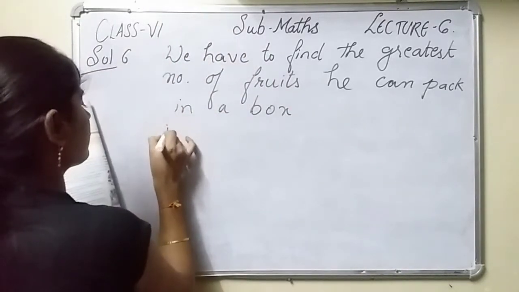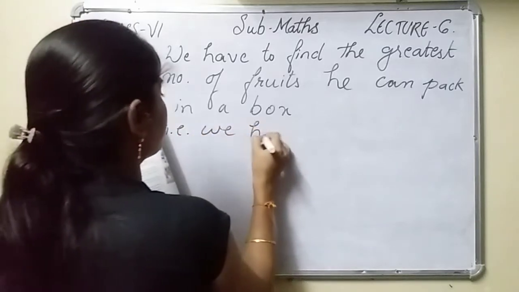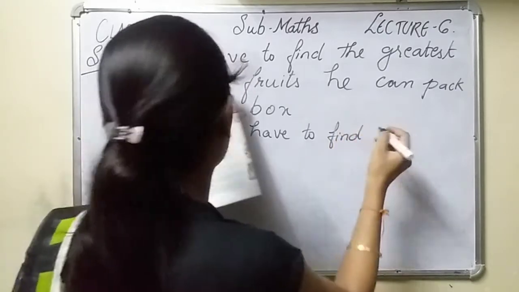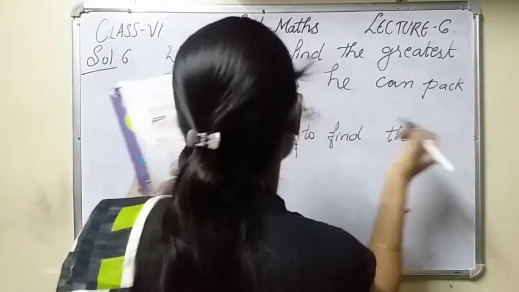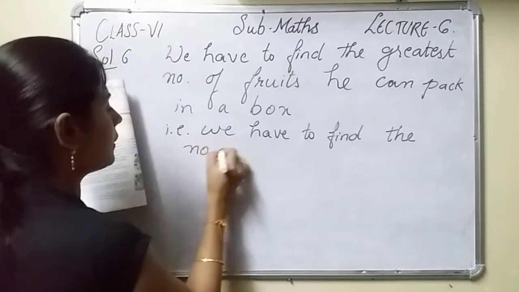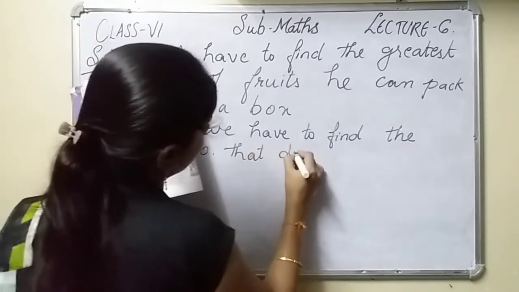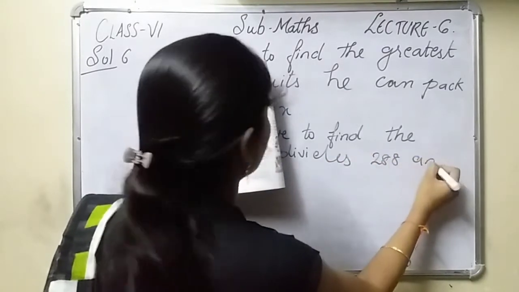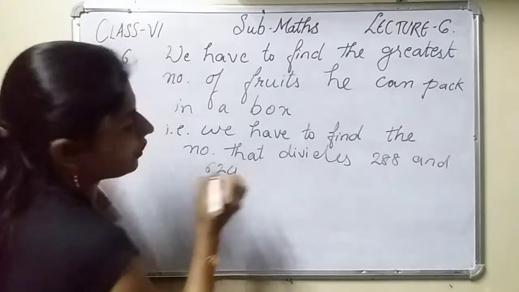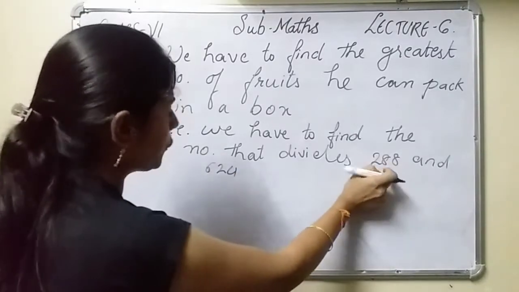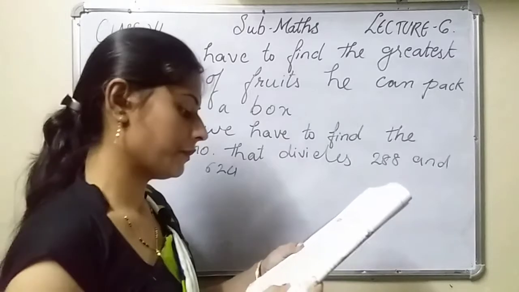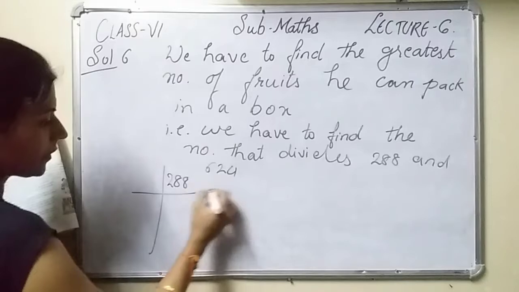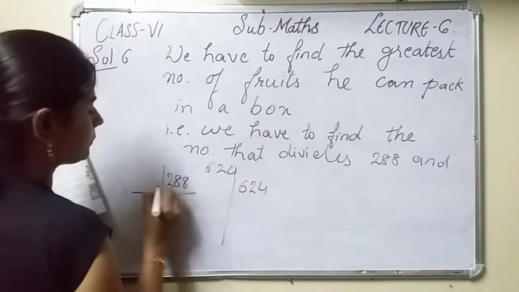That is, we have to find the number that divides 288 and 624. That means you have to take the HCF of 288 and 624. Take out the HCF of 288 and 624.